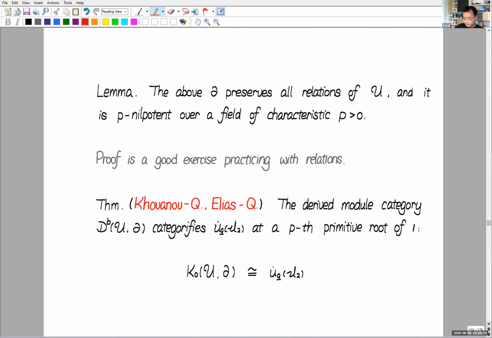So instead, whenever you have a short exact sequence of PDG modules over some algebra U, or in this case our 2-calculus, it gives rise to a distinguished triangle in the derived category, just as in usual homological algebra. When you have a short exact sequence of DG modules, you get a distinguished triangle.